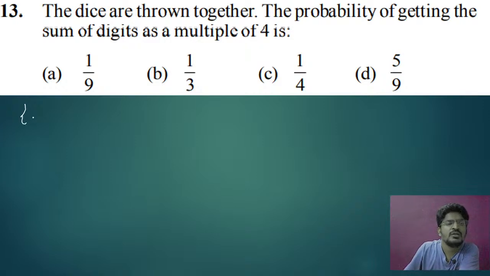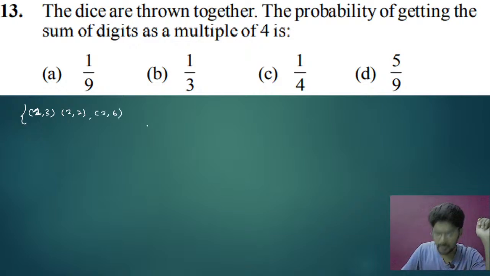If 2 dice are rolled, the multiples of 4: 1, 3 will be a multiple of 4. Next, 1, 4 is not possible, 1, 5 is not possible, 1, 6 is not possible. 2, 2 will be a multiple of 4. 2, 6 will also be a multiple of 4. Next, you can see 3, 1 will be a multiple of 4. 3, 5 will be a multiple of 4.